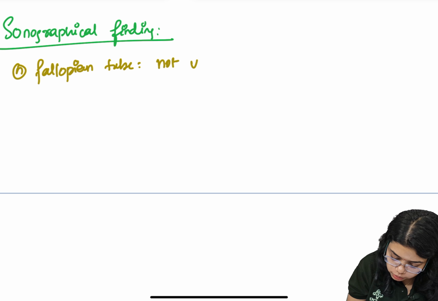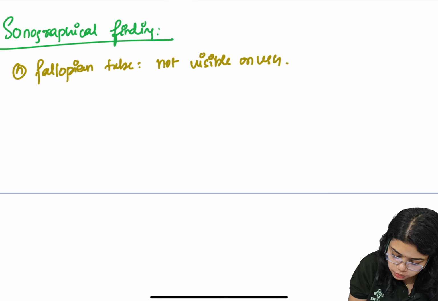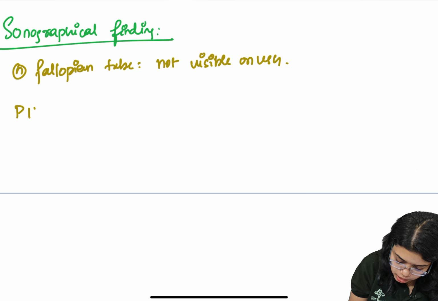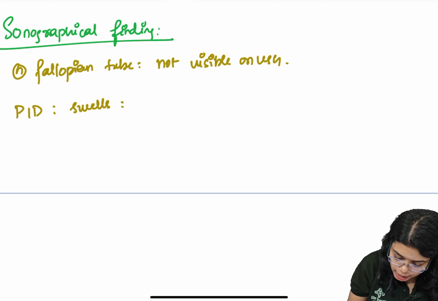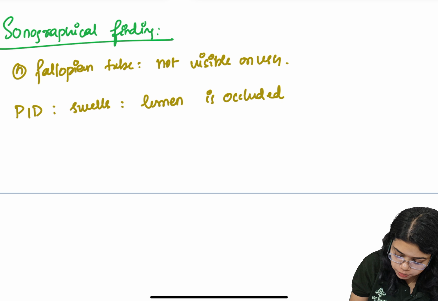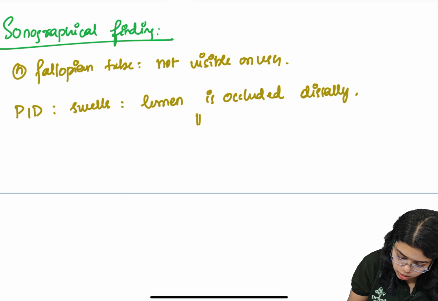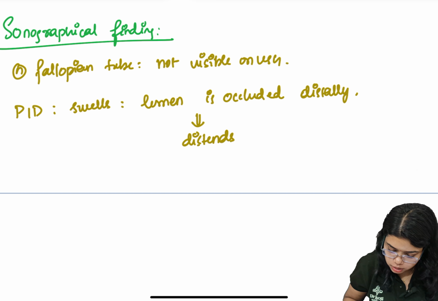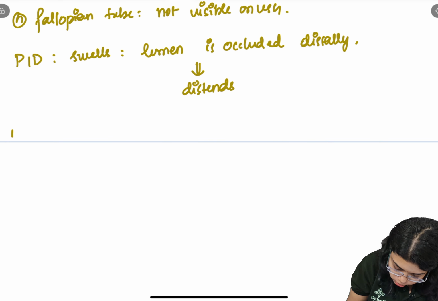Usually it is not visible, and when it becomes visible in PID, the fallopian tube swells, the lumen is occluded distally, and it is distended. And then what are the ultrasound findings?